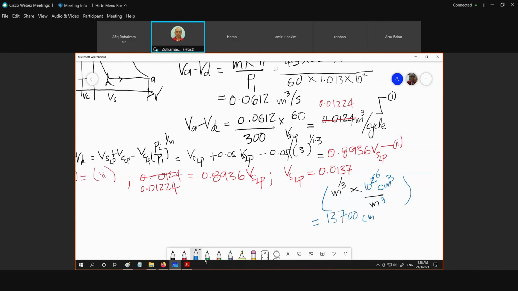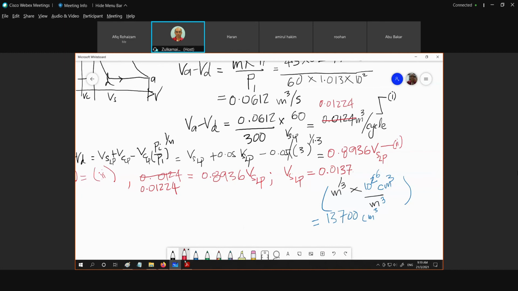Wah, very big nilai dia. Berapa liter ni? Nak tukar dalam liter pula. Macam mana? Ini dalam centimeter cube. Saya nak dalam liter pula. How do we change it?